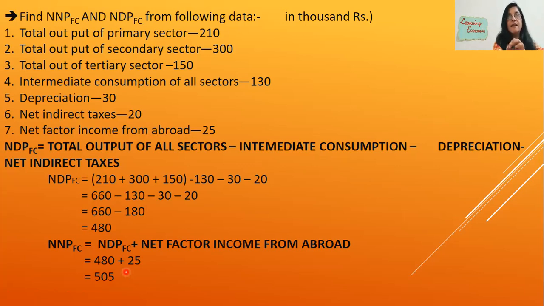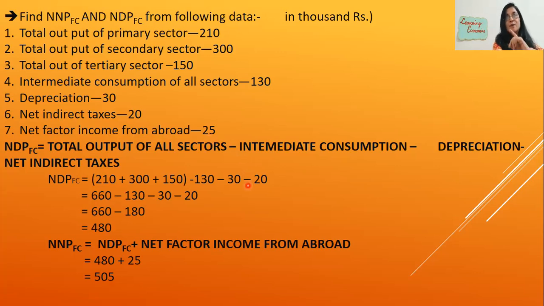That will be our negative NFIA. So you have to see this very carefully. Rest of the things, I don't think you will face any problem. Instead of intermediate consumption, it might be given as purchases by the industry or purchases of machinery. That can be given; it is okay, it will not create any problem. But here you have to see very carefully whether it is written from or to. If it is written to, take it as negative. If it is written from, take it as positive.